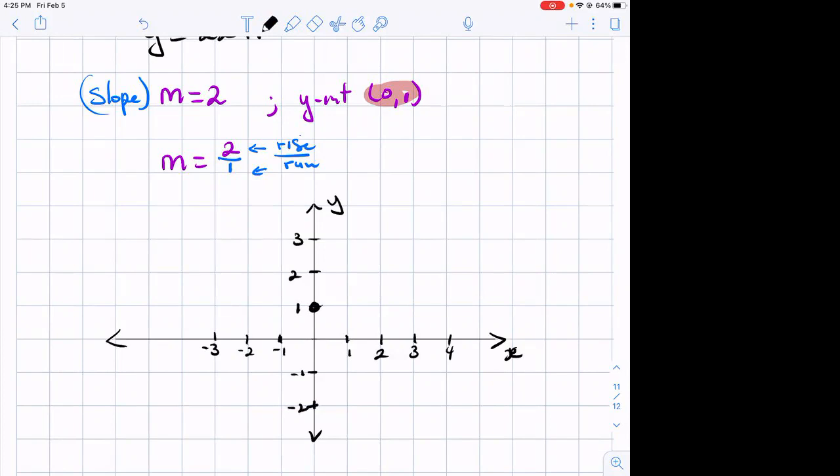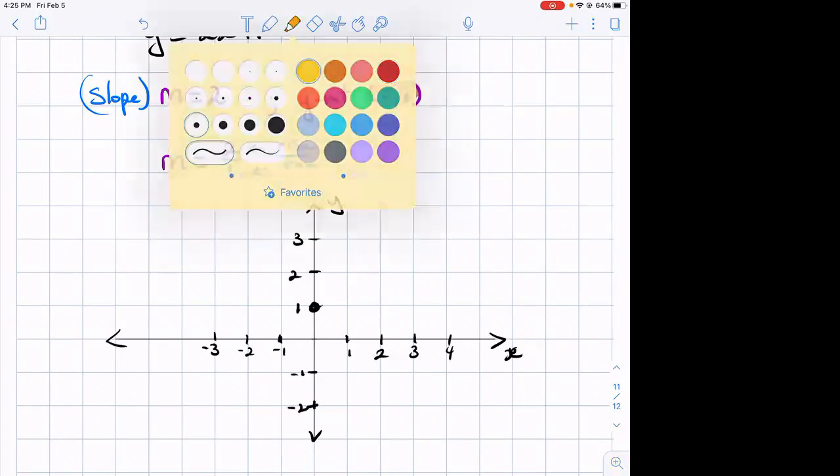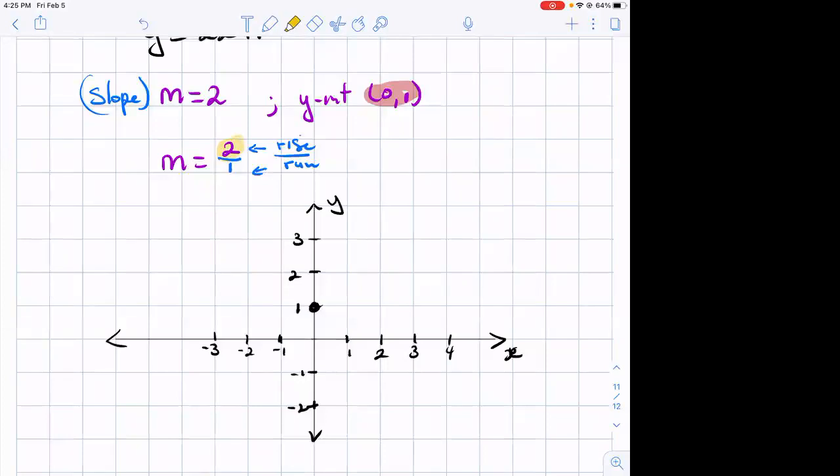Because the slope is 2, pay attention here, because the slope is 2 and the rise is 2, and here we have the run is 1, okay? So I'm going to try to use the same colors. From this point, I'm going to go 2 units up because we had the rise is 2, okay? And since the run is 1, then I'll move 1 unit to the right because it's positive 1. And that is where my second point will be.